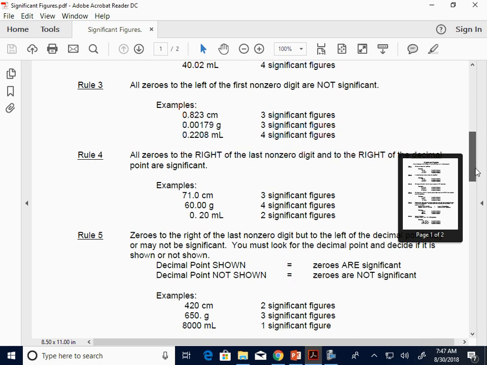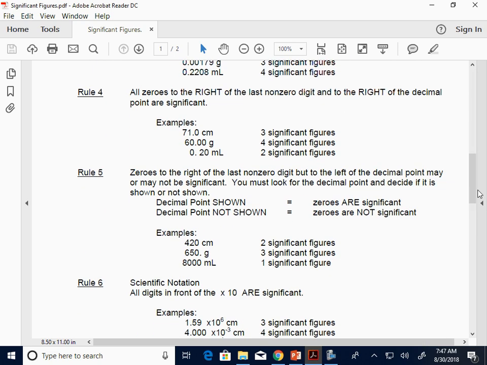Rule number 4. Go ahead, George. If it's to the right of the last non-zero digit and to the right of a decimal point, that 0 is significant.